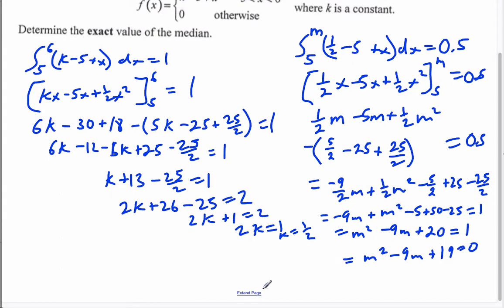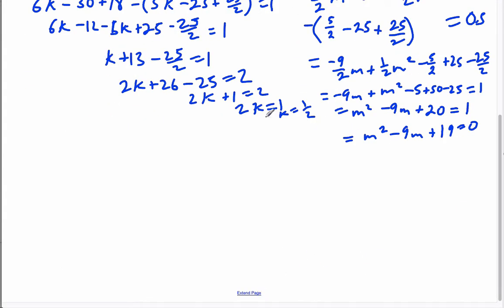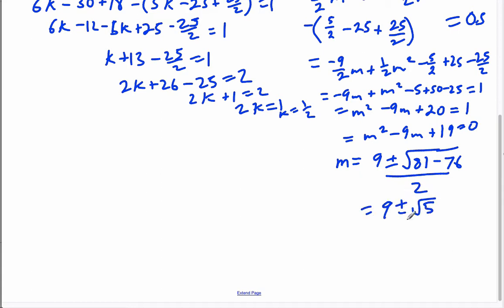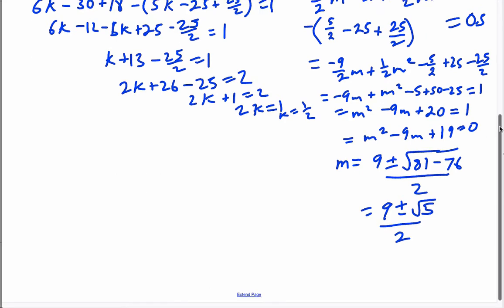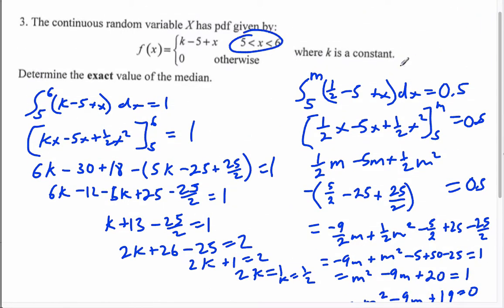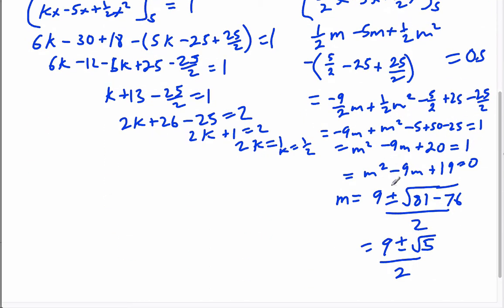Okay, this doesn't factorize, so we'll need to use the quadratic formula. So we have m equals 9 plus or minus root 81 minus 4ac, which is minus 76 over 2. So we have 9 plus or minus root 5 over 2. But remember, we're just looking at x between 5 and 6.